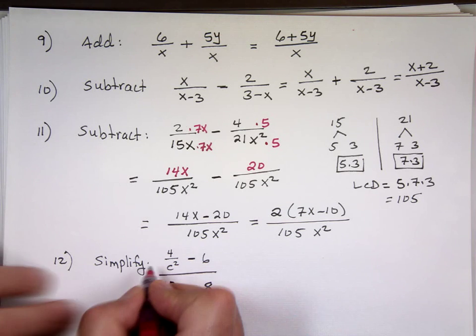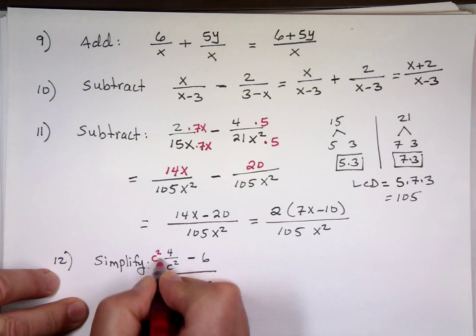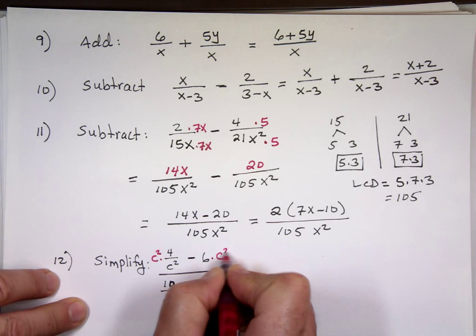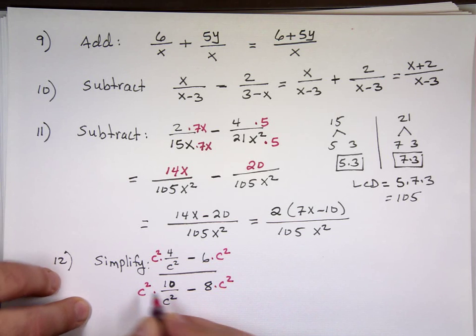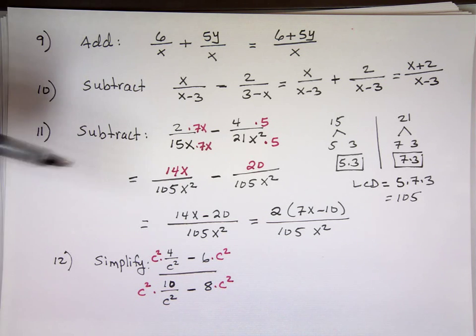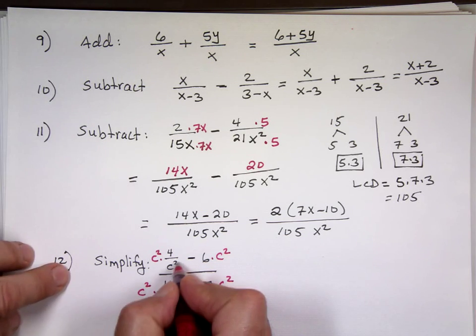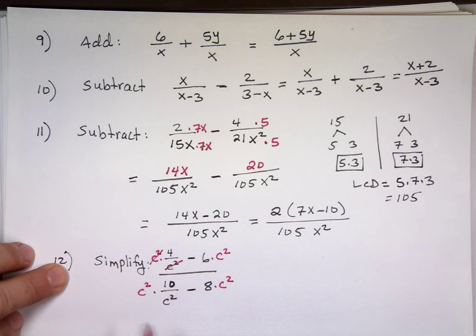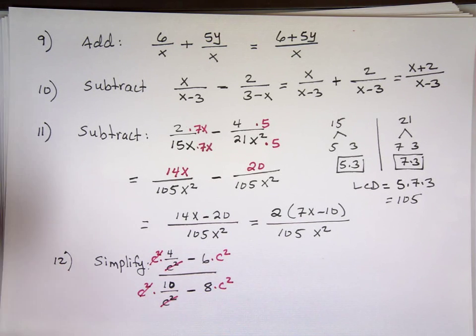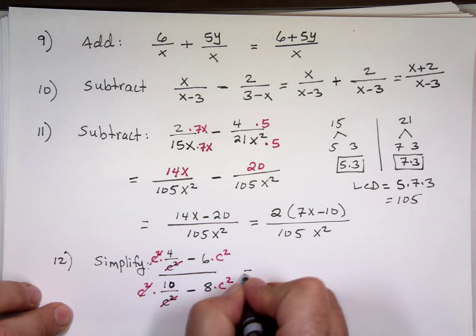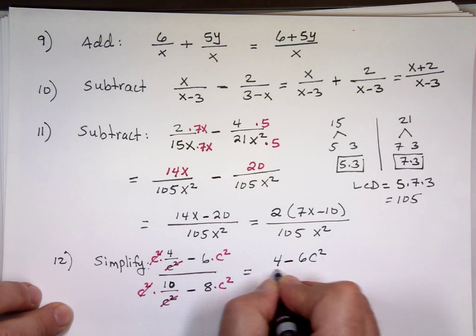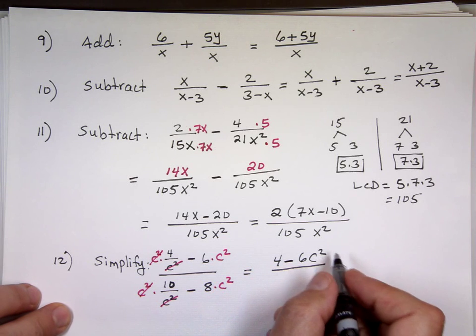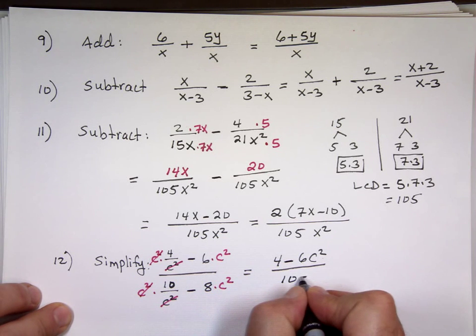So multiply this by c squared, this one by c squared, c squared, c squared. And if you do that, you should eliminate all the fractions. This will cancel that. This will cancel this. So I will have 4 minus 6c squared over 10 minus 8c squared.